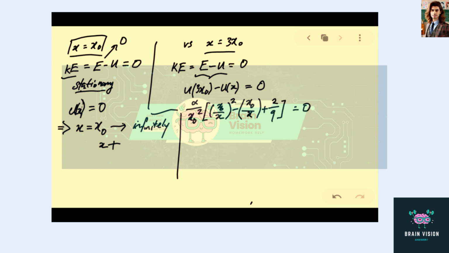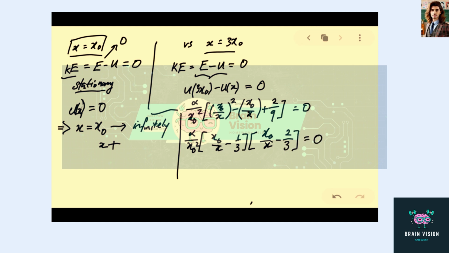Now the interesting thing is that we can factorize this expression. You can treat it as a quadratic equation, where x naught over x is, say, a variable y. So this is y squared minus y plus 2 over 9, and we will get y minus 1/3 times y minus 2/3.